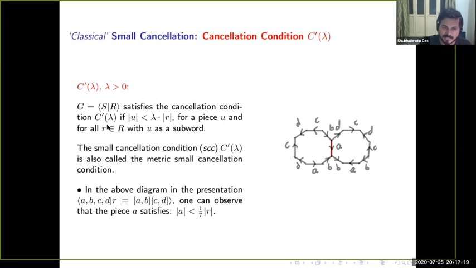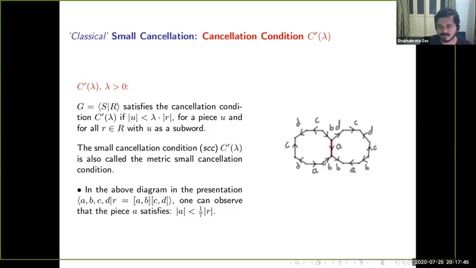So whenever U is a piece, the length of the piece U should be less than lambda times the length of the relator. U is a subword. That is the small cancellation condition C prime lambda.